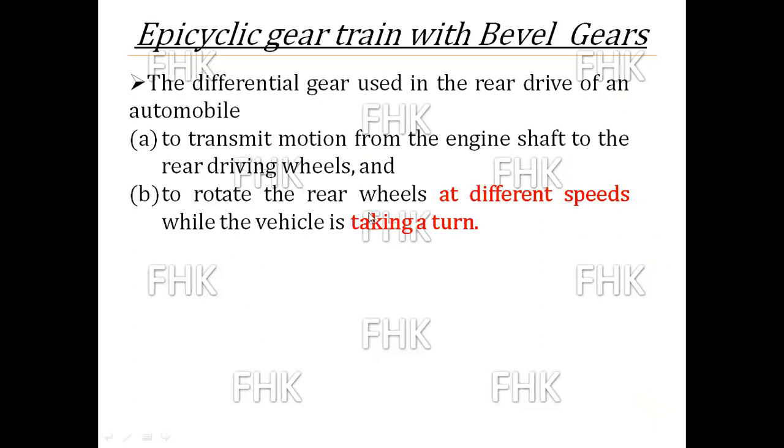This is the requirement of the vehicle while taking the turn: the inner wheel should rotate with lesser speed as compared to the outer wheel, because the outer wheel has to travel more distance. So both wheels have different velocities while taking the turn, and this function is satisfied by the differential unit.